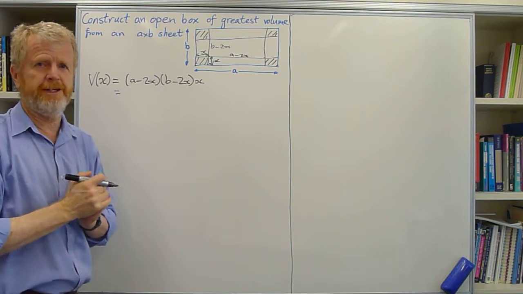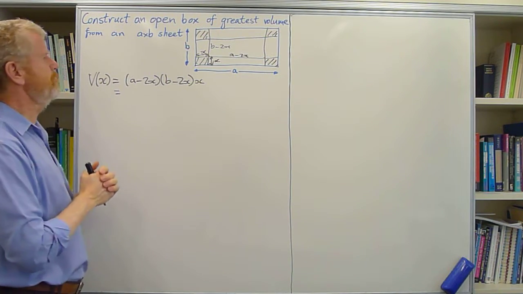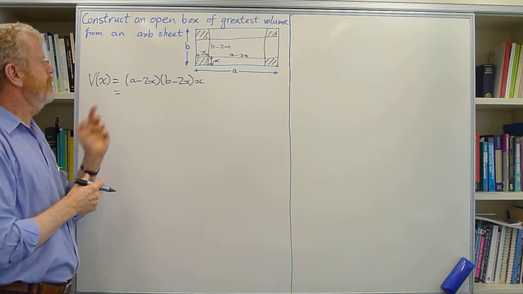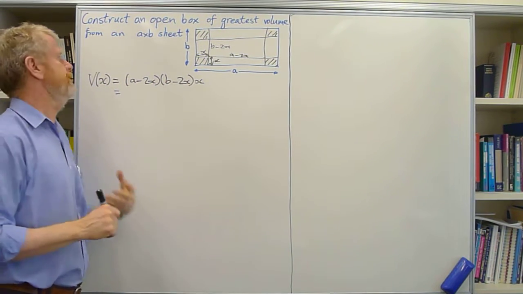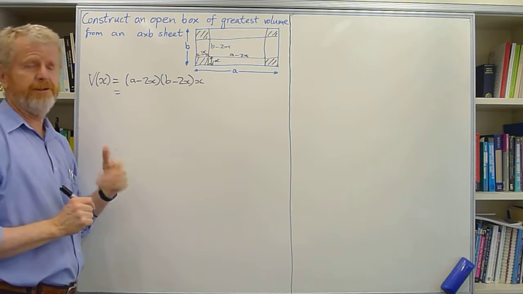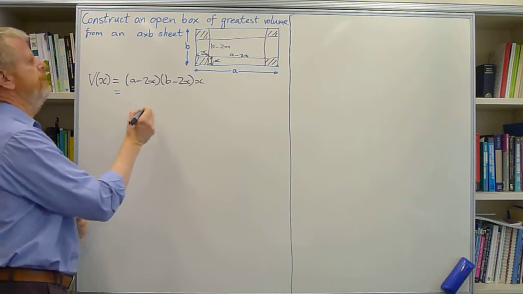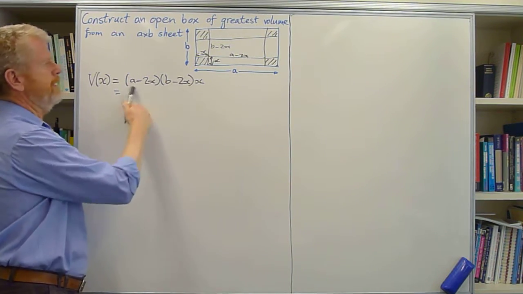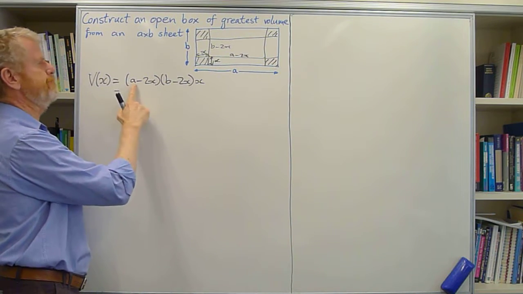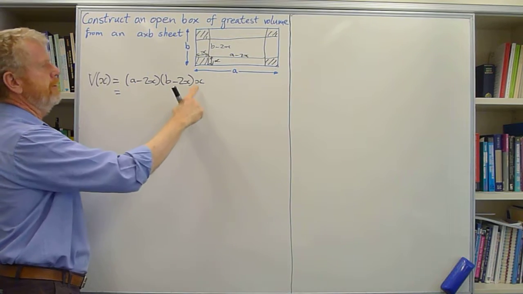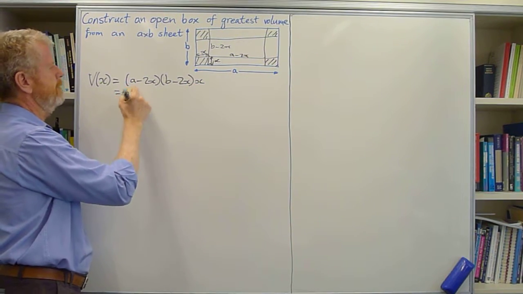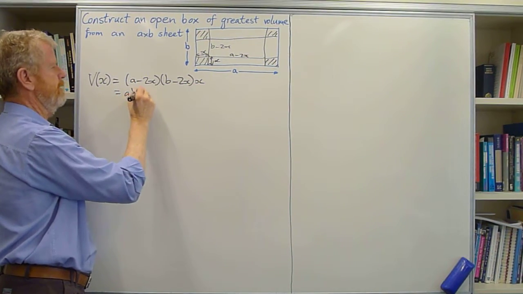And we'll do this with standard calculus, which you recall involves finding the zeros of the derivative of this and then using the second derivative to see whether it's a maximum or a minimum. Alright, so let's do this by expanding out this formula. Cubic in x. There is a term linear in x, which is a times b times x.